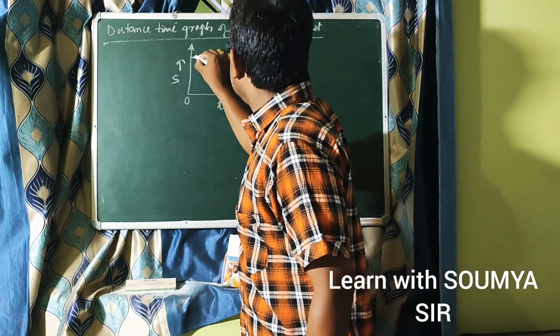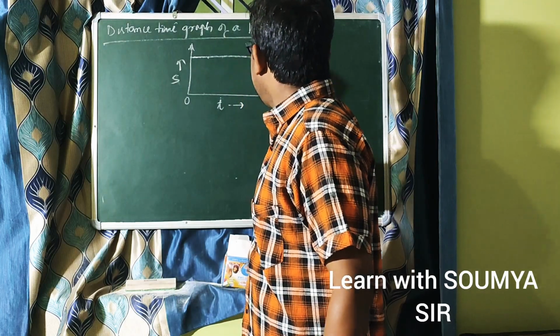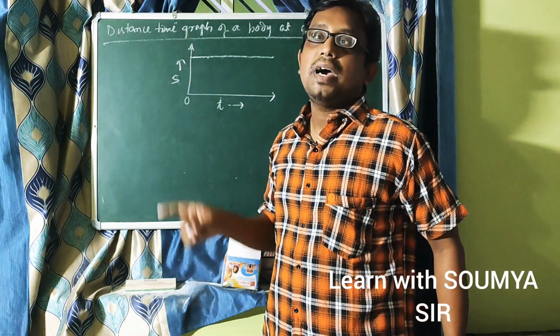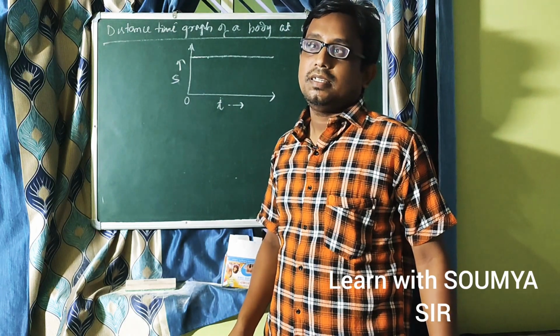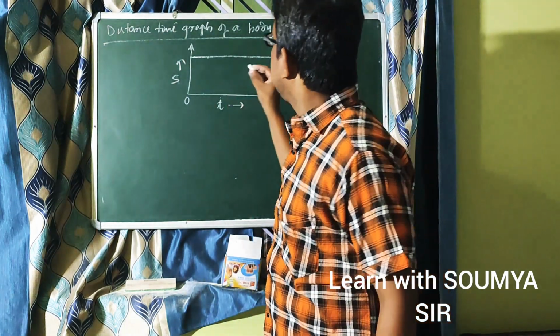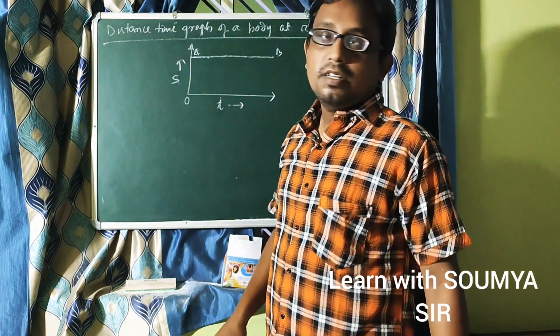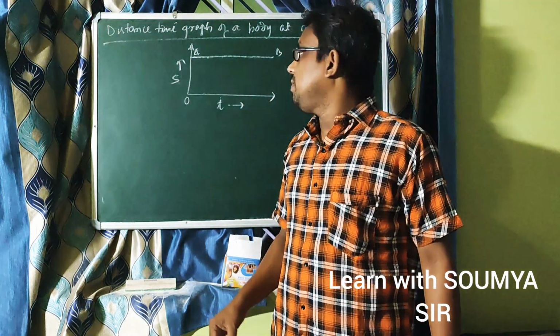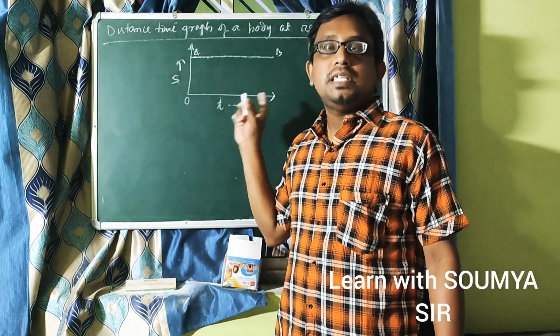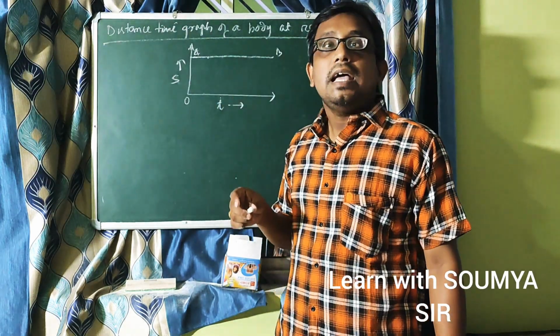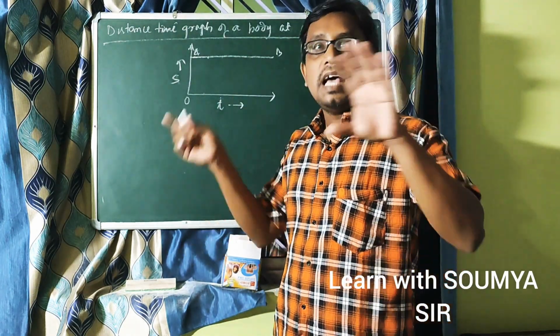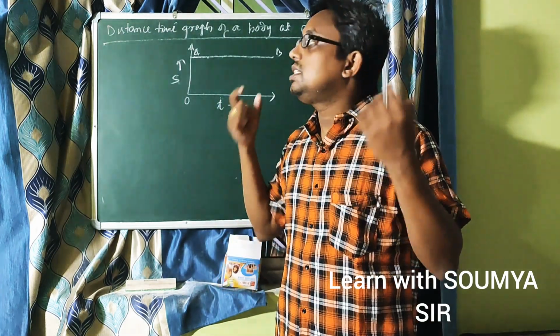If we join these points, we will find a straight line which will be parallel to the time axis. Suppose this is A, this is B. This AB is the distance time graph of a body at rest, which is parallel to the time axis, because as the time goes, the distance remains the same.